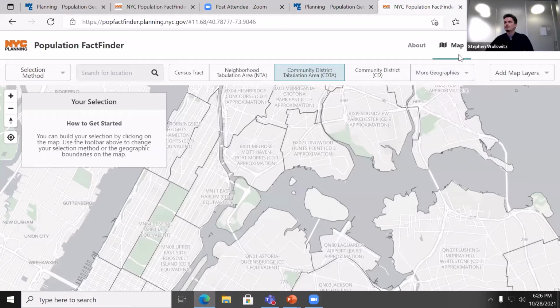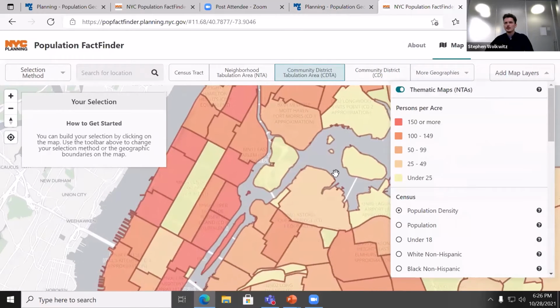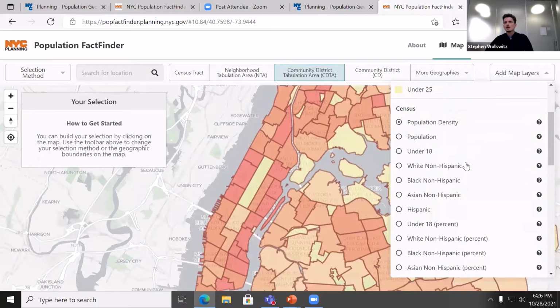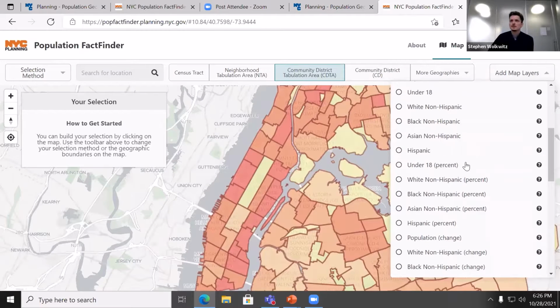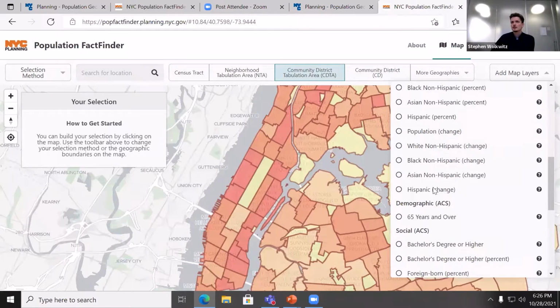I do want to highlight one other function here, which is a couple of map layers that you can add, including thematic maps. These are variables from both the decennial census and ACS that you can select.